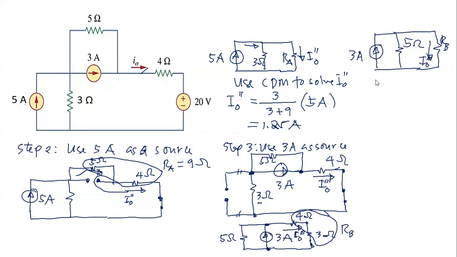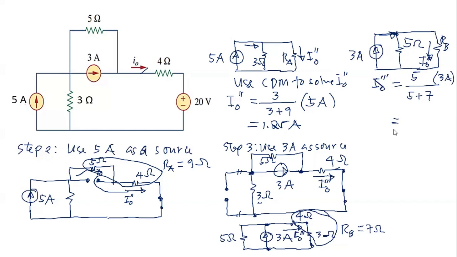So solve the IO triple prime by using CDM. So that's 5 over 5 plus RB. And RB is equal to 7 ohms. Plus 7 times the current that enters at this node, which is 3 amperes.